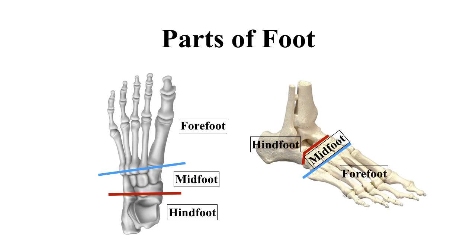The remaining part of the foot which is anterior to this line is called the forefoot. So these are the parts of the foot: hind foot, midfoot and forefoot. All foot deformities in any foot case will be described based upon these three terms.